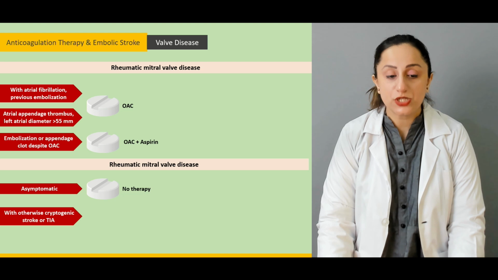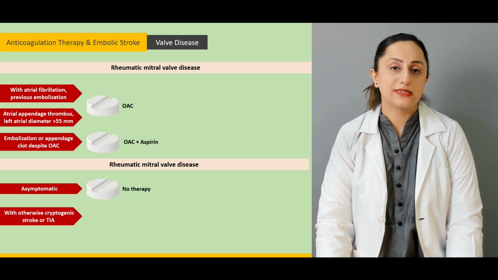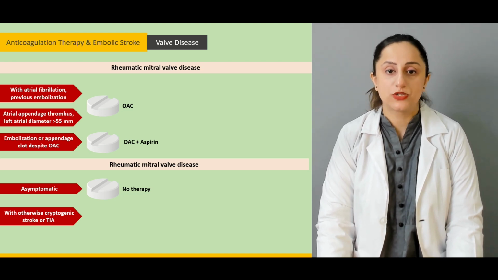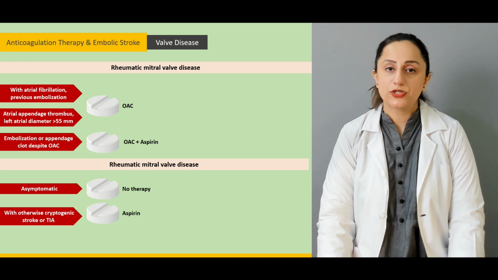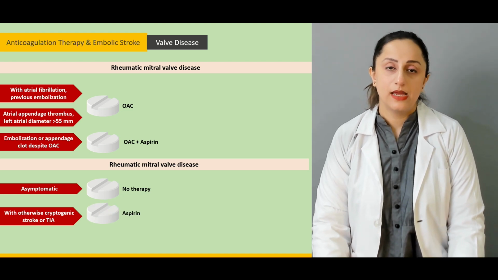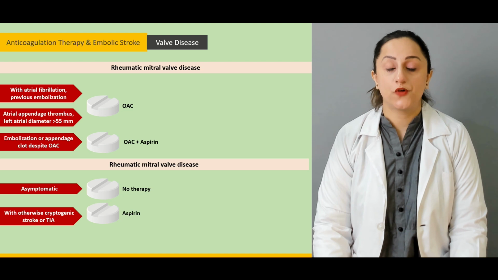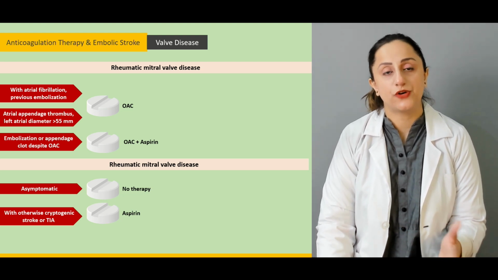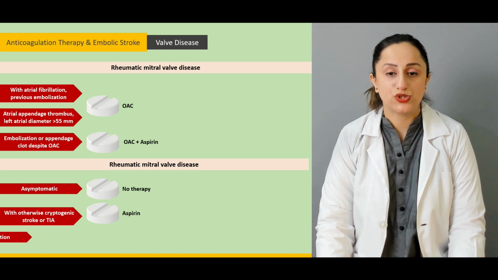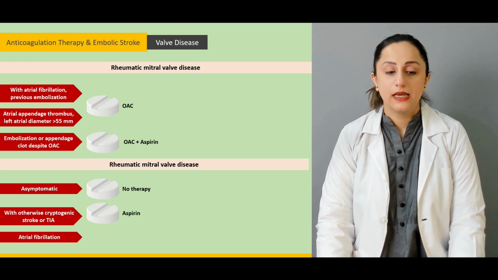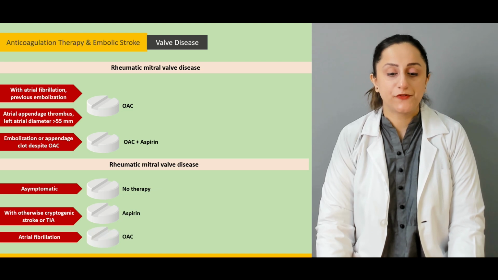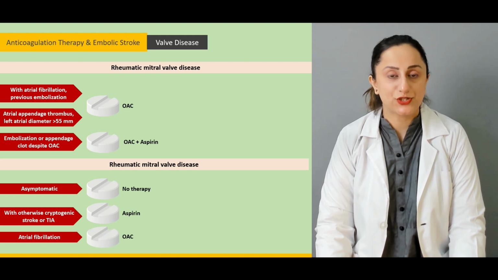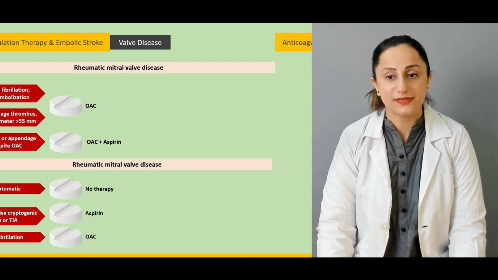With otherwise cryptogenic stroke, or if a transient ischemic attack is observed in the individuals, we prescribe a low-dose aspirin as a part of primary prevention and to inhibit any episode of recurrent stroke in these individuals. If the patient is suffering from atrial fibrillation, we are going to prescribe an oral anticoagulant.